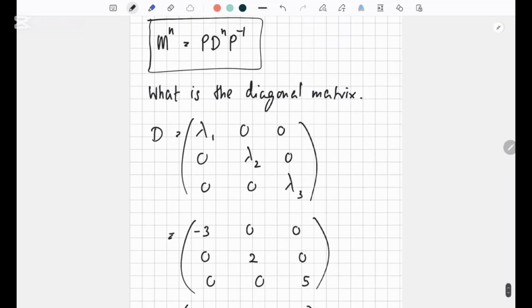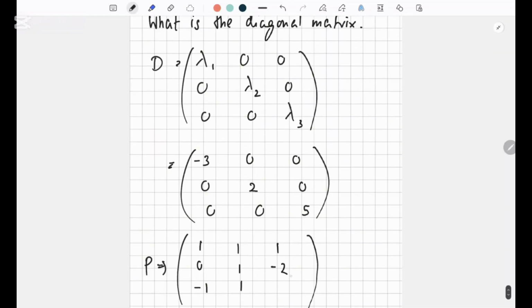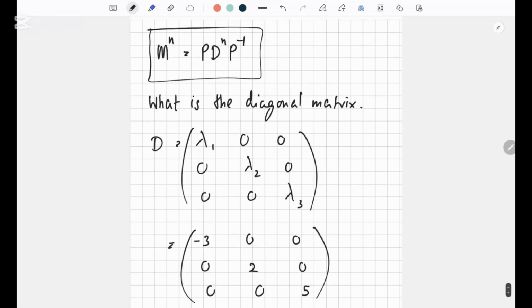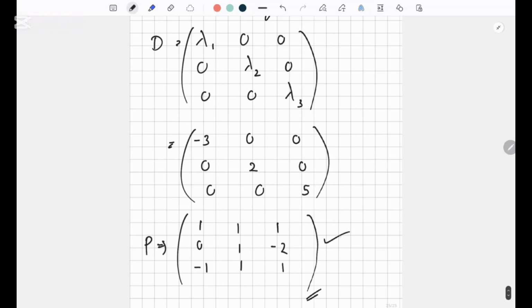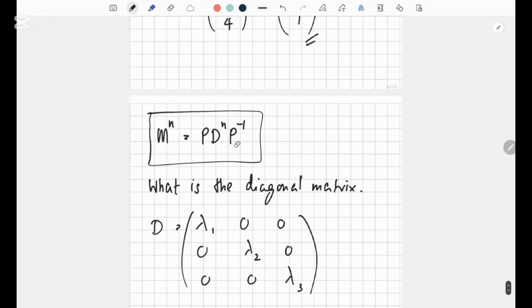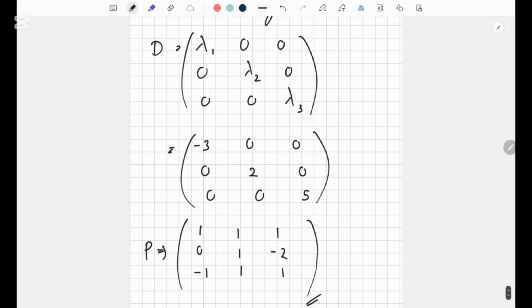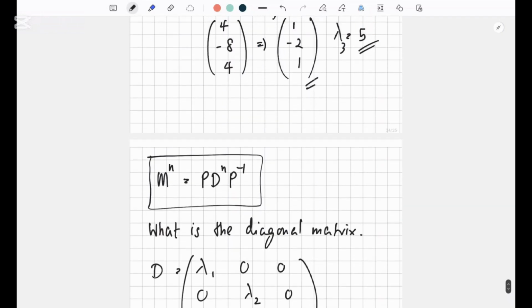And for 5, we had 1, minus 2, 1. And that is P. And P inverse is the inverse of this, okay? We don't need to find that for this. Apart from that, that's how you do the questions if they ask you what the diagonal matrix and P are. So that's everything for this question.